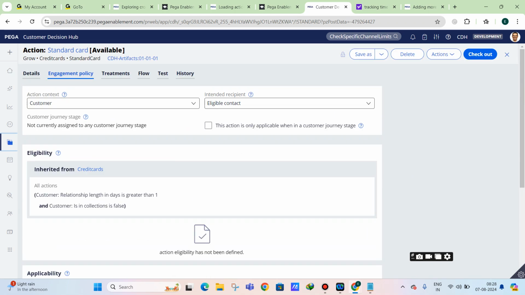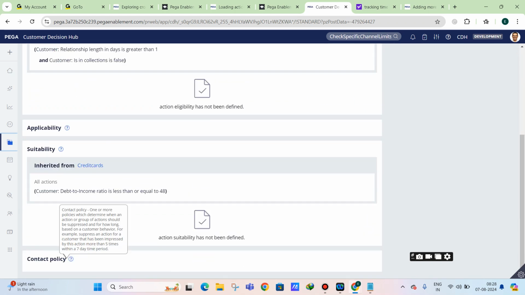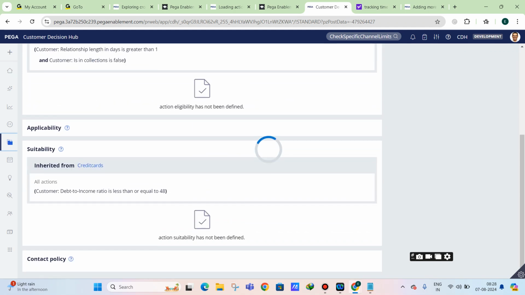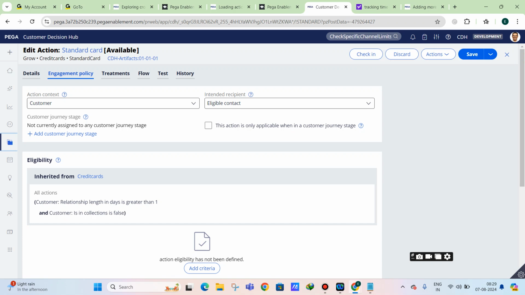If you see the action engagement policy, this is where you are going to apply the contact policies, for example, at an action level. So when I say contact policy, it's the suppression rules. Don't get confused with the title that is displayed here. We cannot apply the contact policy at action level or group level or issue level.